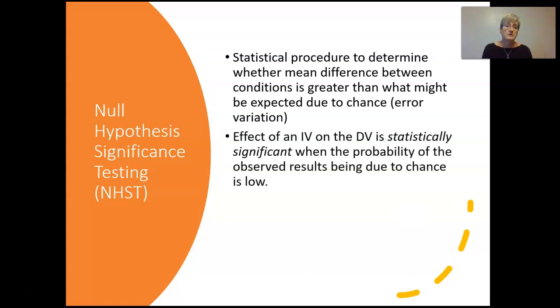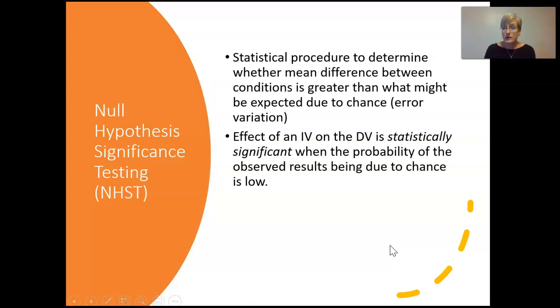Now, when we talk about null hypothesis significance testing, what we're trying to determine is whether the effect of the independent variable manipulation on the dependent variable is statistically significant. So there's a level of confidence that we need to establish before we can say that the result we have isn't due to chance. And so we want that chance to be low.